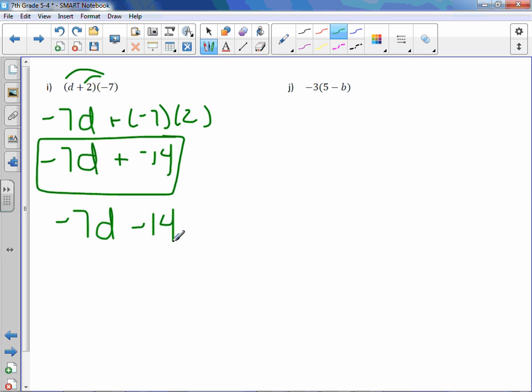Doesn't matter. So this one right here is negative 3 times 5. And again, we've got negative and negative, which makes a positive. And then it's just 3 times b. So we have negative 15 plus 3b.